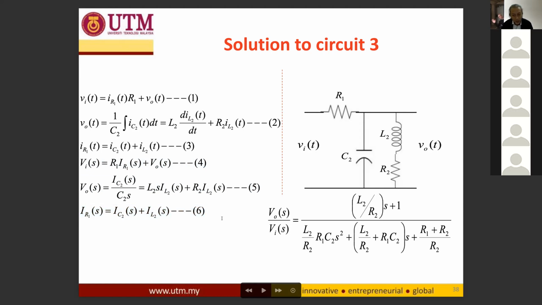So you manipulate the equations to get V0 over Vi based on the 6 equations listed on the left. You will get the transfer function, which is shown in slide number 38.